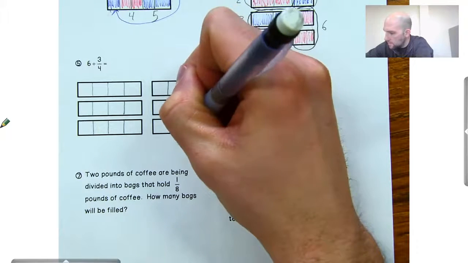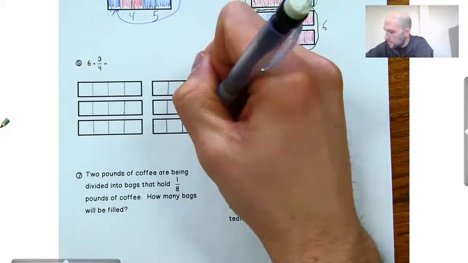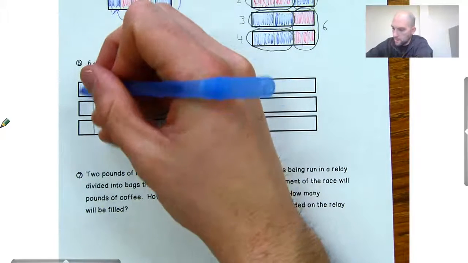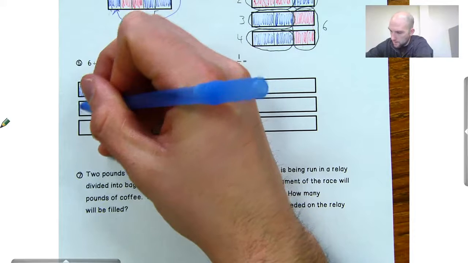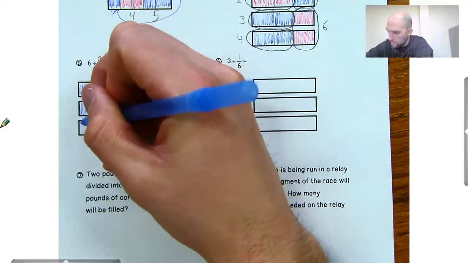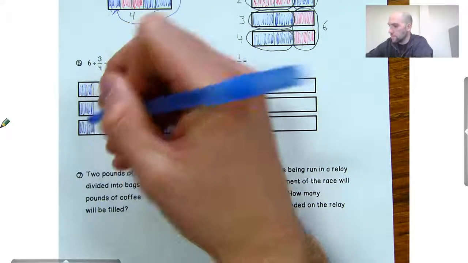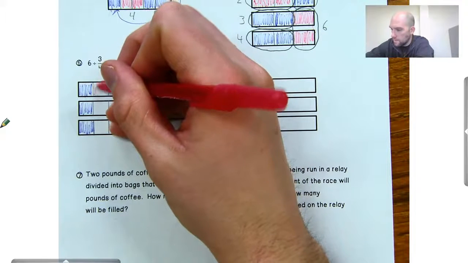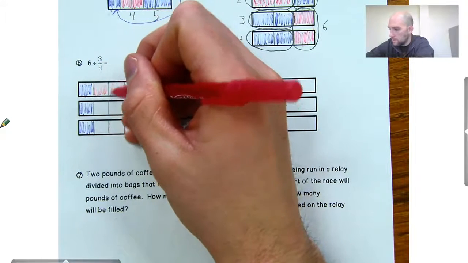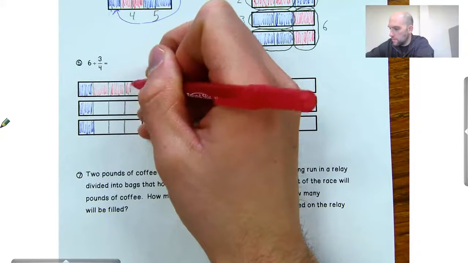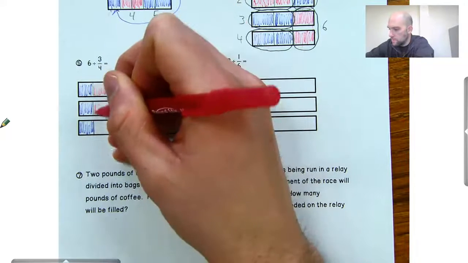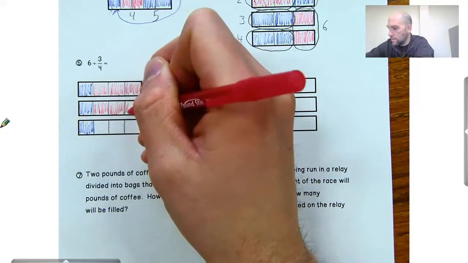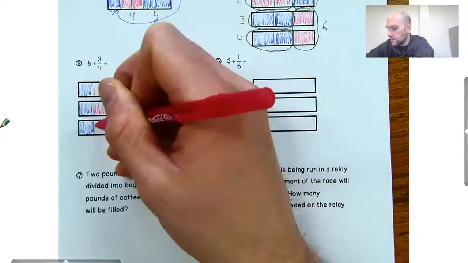There's going to be a lot of pieces here. So I'm going to make these 3 right here blue. And then these ones red, because we need 3/4 size pieces.